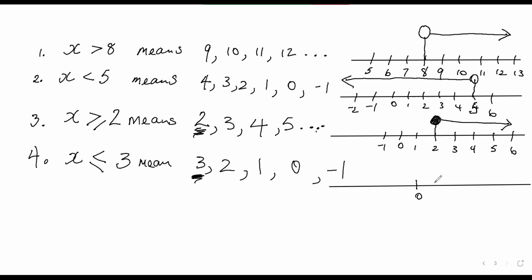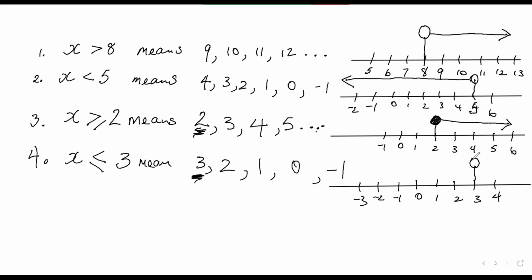So let's look at 1, 2, 3, 4. Let's add some negatives. So it's -1, -2, -3, and so on. So from 3, I'm going to start at 3.